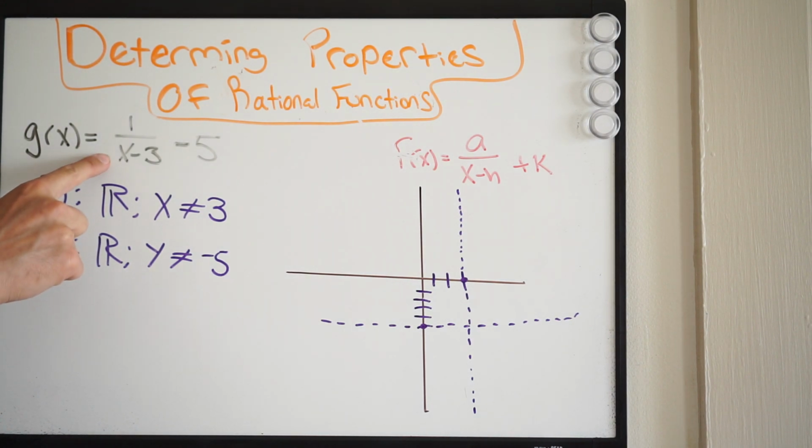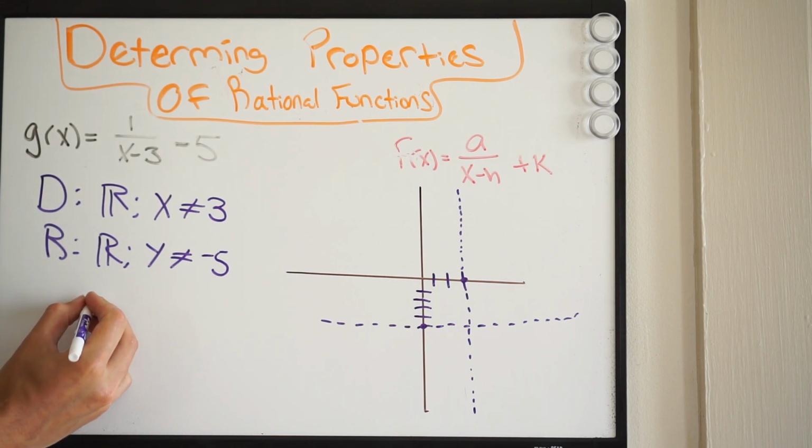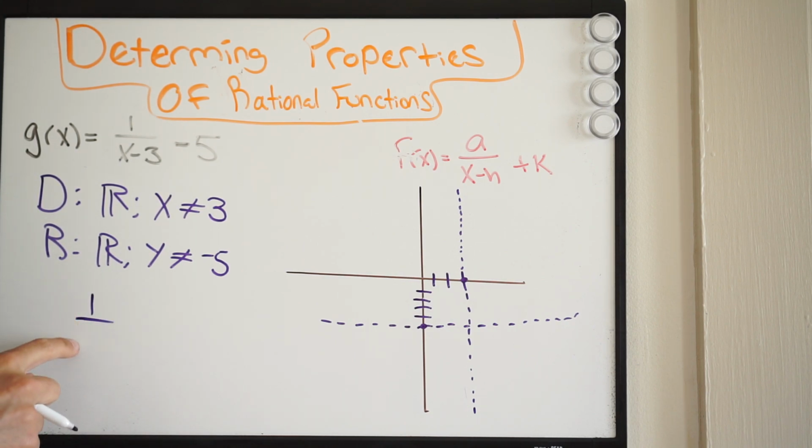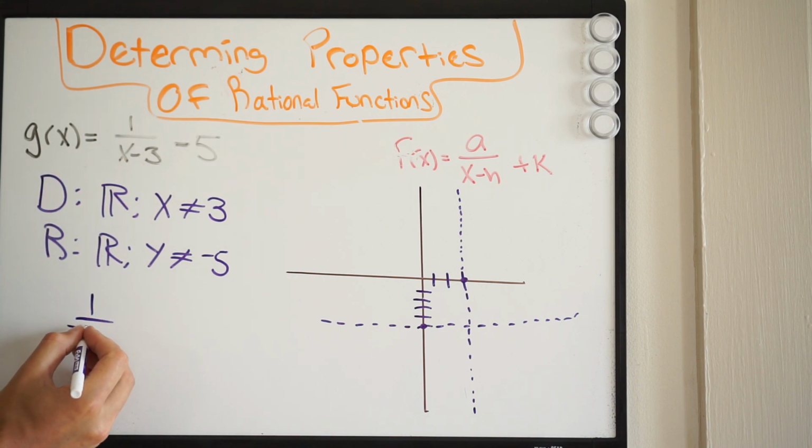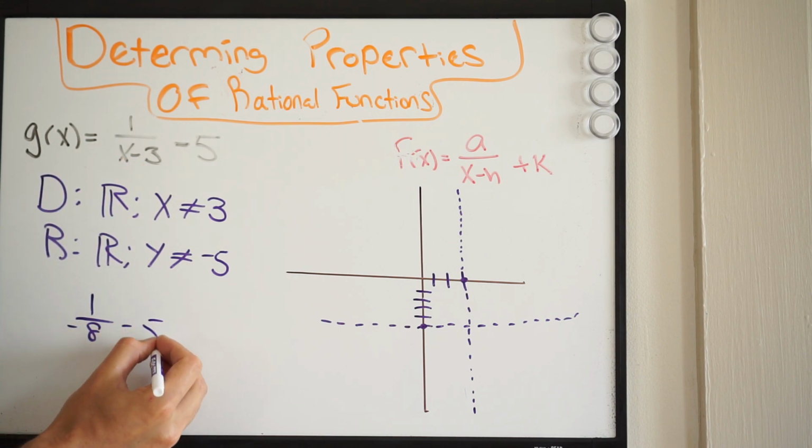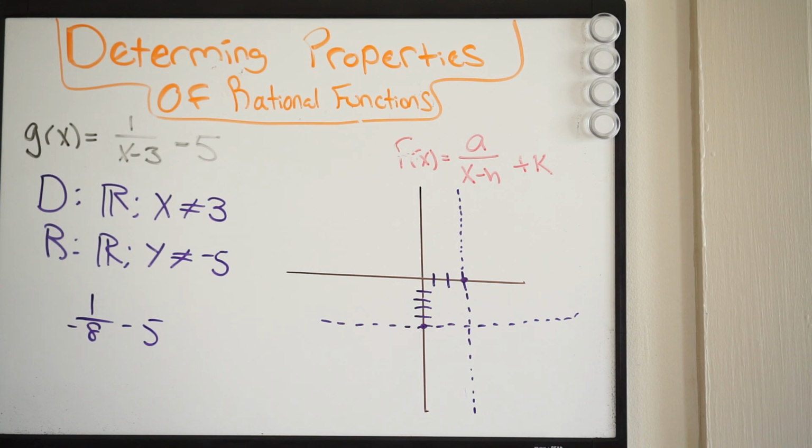If you have a calculator, you can go ahead and do this. So if I do -5 and a -3, that's going to make -8. So I'll go ahead and write it on the bottom here. We're going to plug in a -5, and -5 and a -3 make -8, and then I have -5. So I have -1/8.